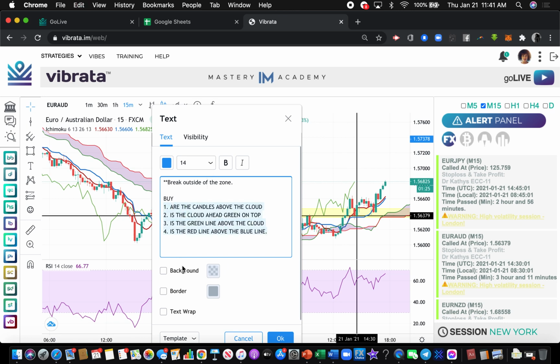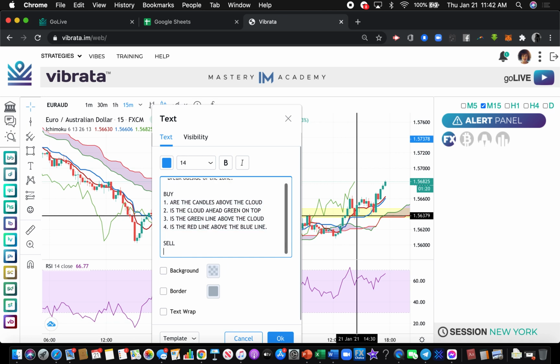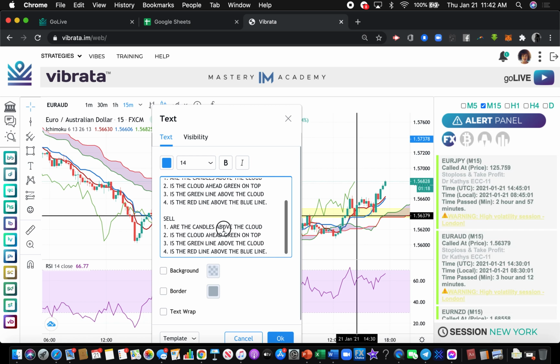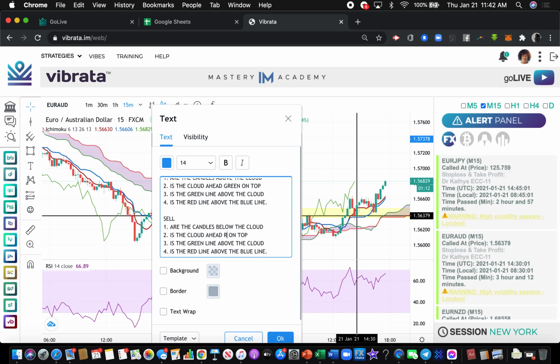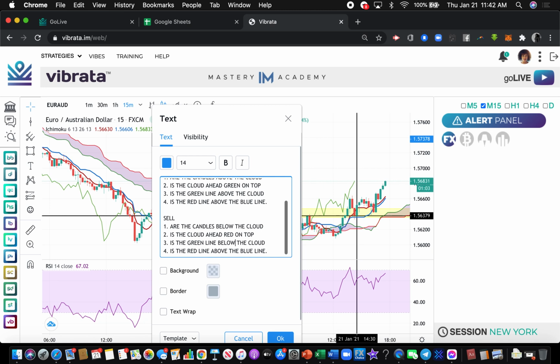Now on the flip side, for a sell, okay, I just have to make a couple of adjustments. Are the candles below the cloud? Is the cloud ahead red on top? And I'm going to show you what I mean. Is the green line below the cloud?